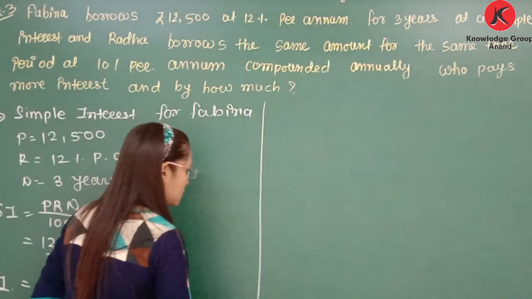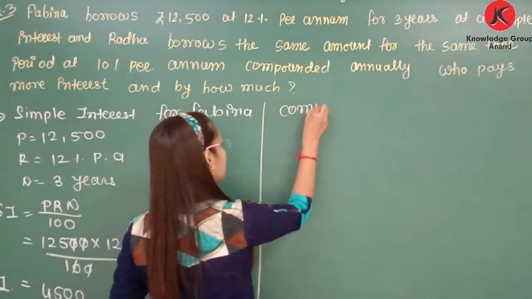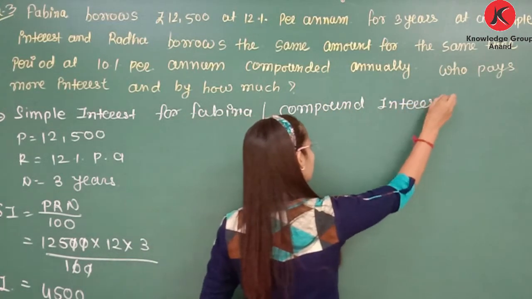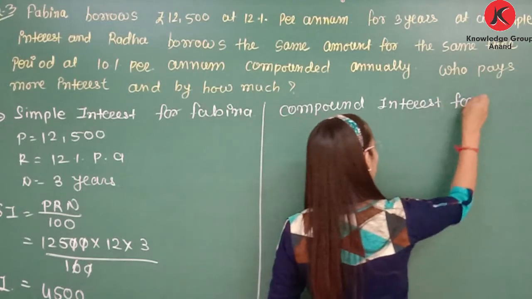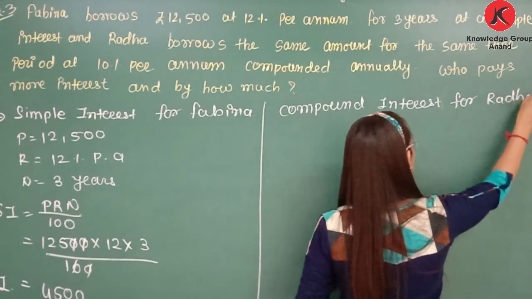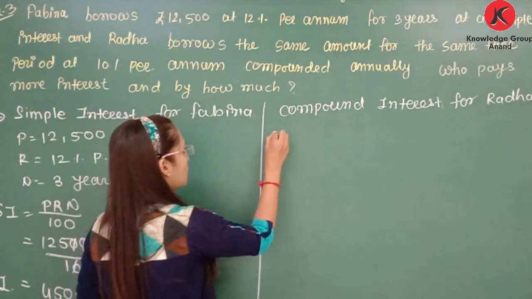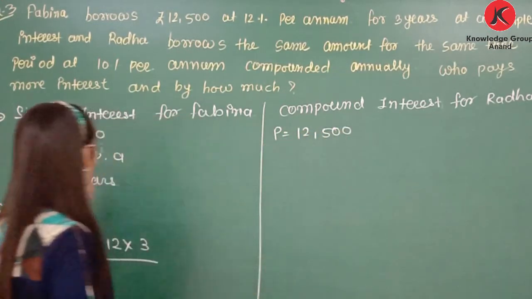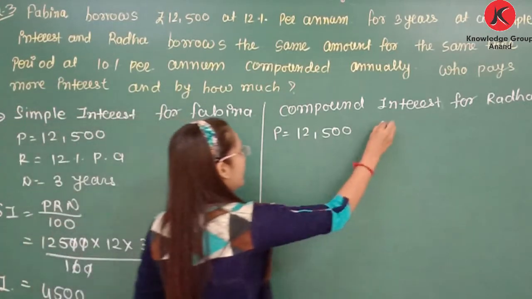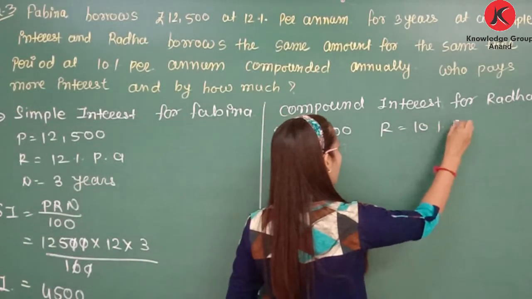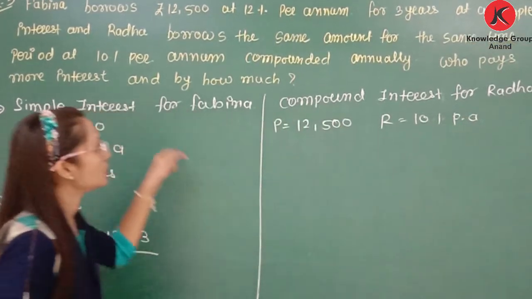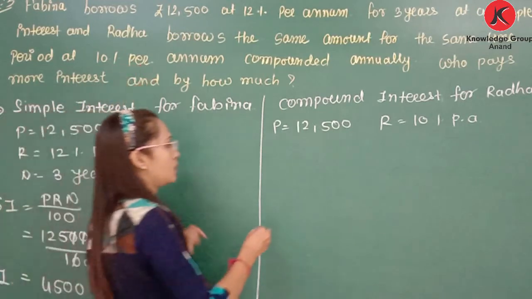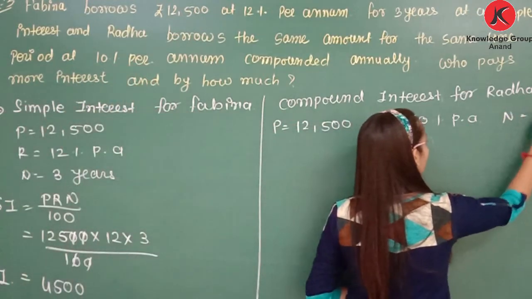Now compound interest for Radha. So here the principal value is the same because she borrows the same amount, 12,500. Here rate of interest is 10% per annum, because in the question it is written same time period, which means n is 3 years, but rate of interest is 10%.